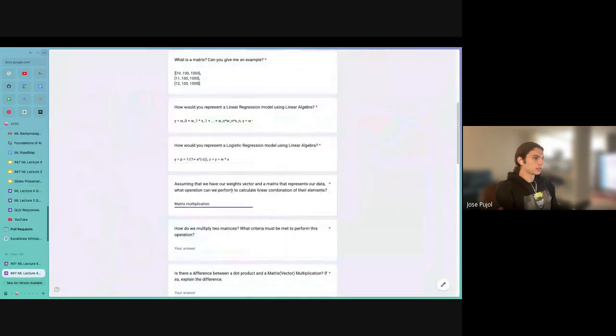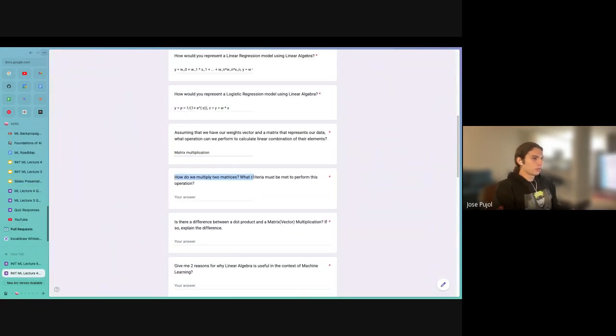So how do we multiply two matrices, and what criteria must be met? To multiply two matrices, you look at the inner dimensions and make sure that those match.